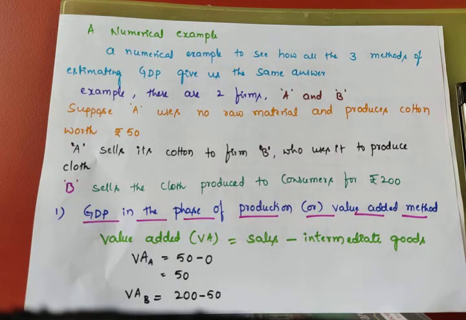Under this method, national income is obtained by adding up the incomes received by all the individuals of a country. Don't forget, under the income method we calculate the national income by adding up the incomes received by all the individuals of a country.